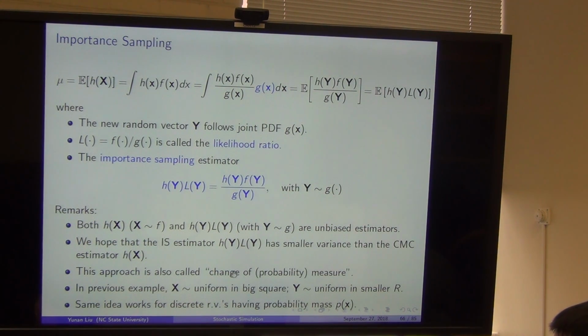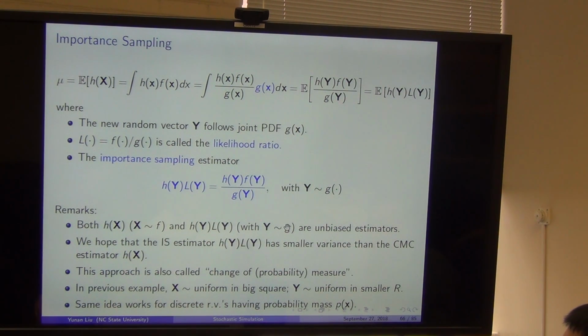This approach is called a change of measure, change of probability. What have we changed? Instead of generating X using probability density function f, we're generating Y using a different probability density function g. We change the probability measure.